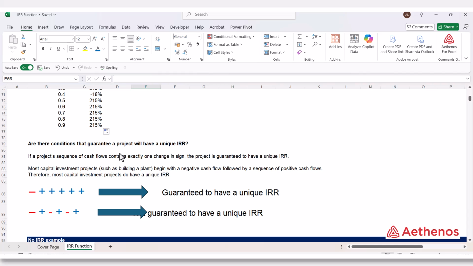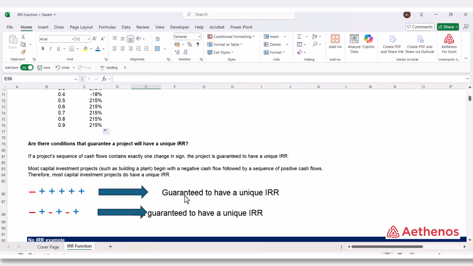If the sequence of cash flows contains exactly one change in sign, the project is guaranteed to have a unique IRR. Like here, we have the initial investment, a negative cash flow, and all of the cash flows after that are positive. So the sign changes only once, from negative to positive, and thereafter there are no sign changes.